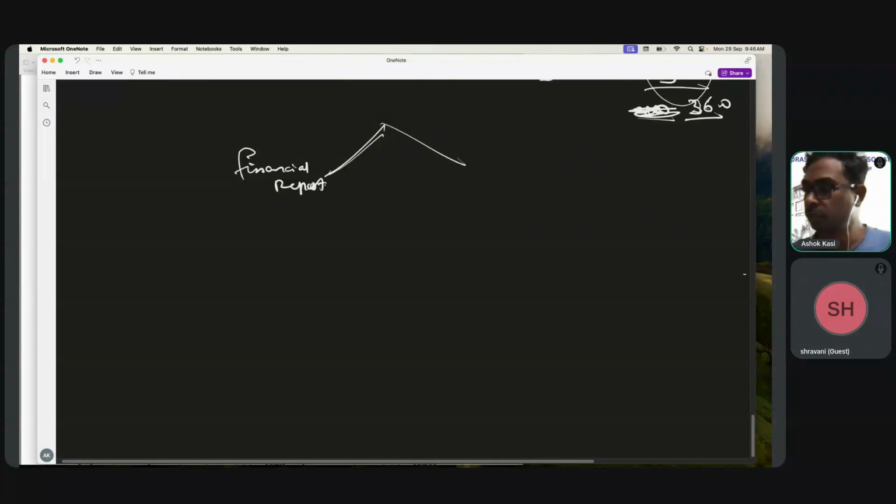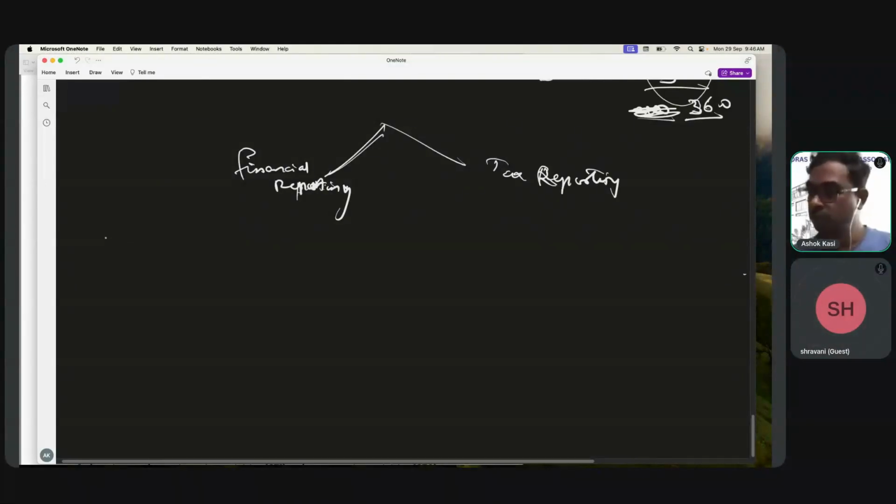One is financial reporting, another is tax reporting. Financial reporting is for us, to know how our company is performing. Tax reporting is to know how much tax to be paid to the government. There can be some differences between the way we are doing accounting and the way government wants us to do accounting.